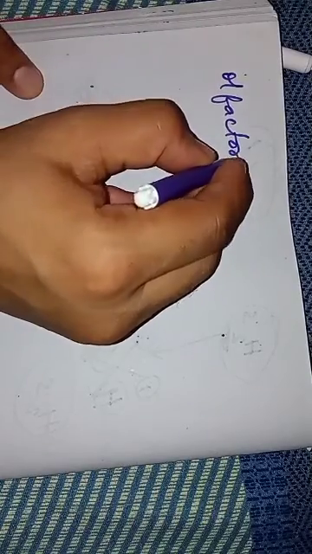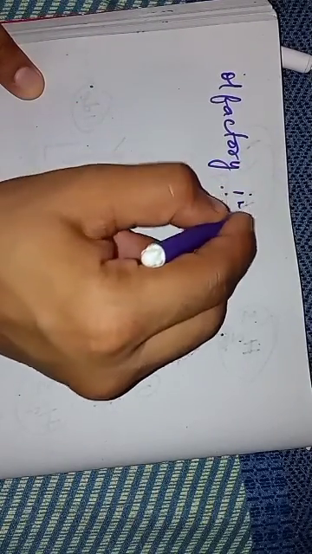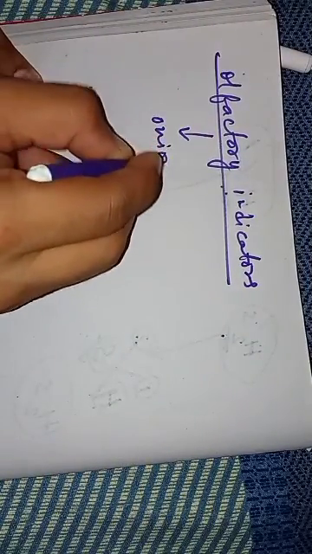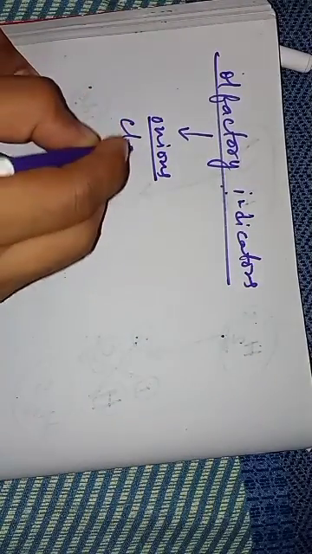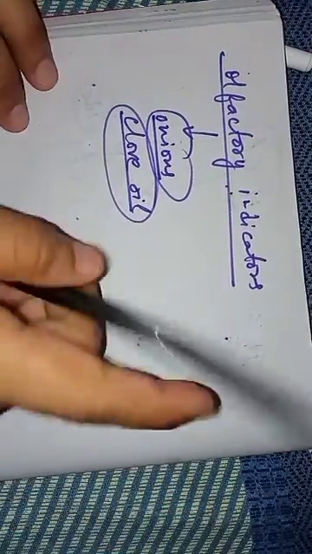The most common examples of olfactory indicators are onions and clove oil. What happens when a basic solution comes in contact with onion extract or clove oil?